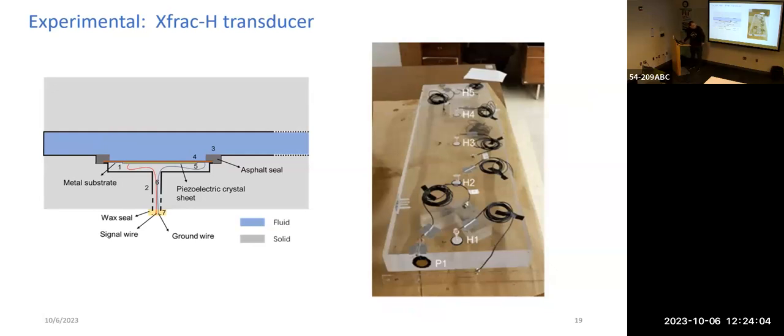This one is an upper block installed with 6 transducers. This one, P1, is a transducer measuring the incident wave, and we have 5 transducers to measure the pressure change in the fracture.